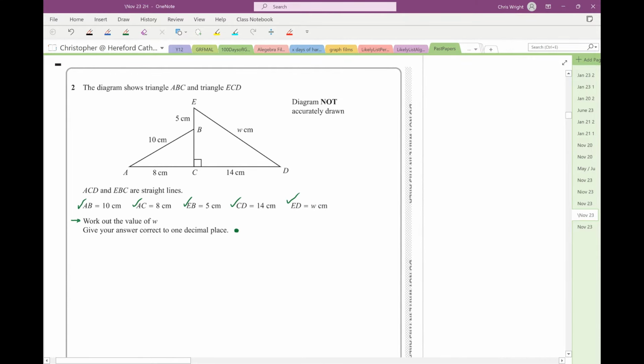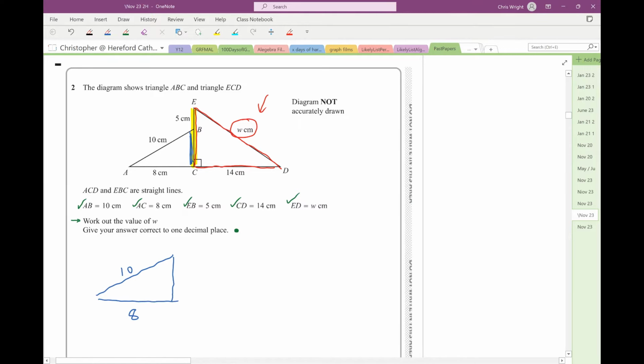Right, well, I suppose I've got a right-angled triangle here, and I've got the 14, and the W is the hypotenuse, so if only I knew all of this length here. I know part of it's 5, but what about the other part? Well, just a moment. I can use the triangle on the left to find that part. That's 8, that's 10.